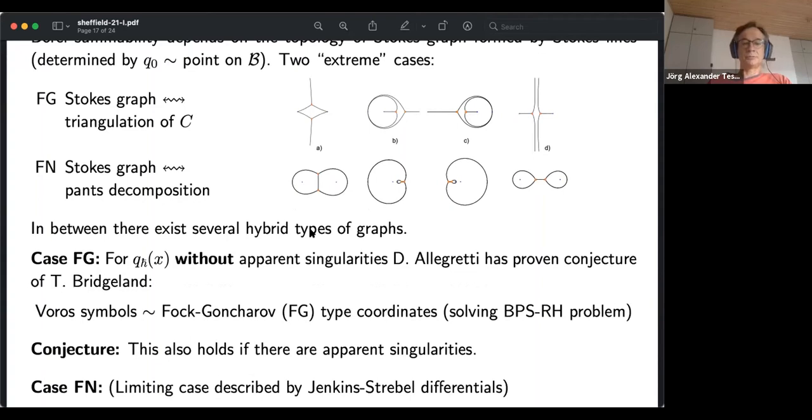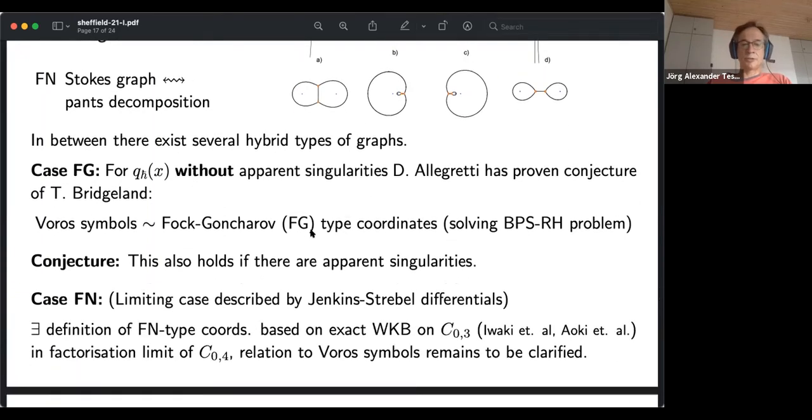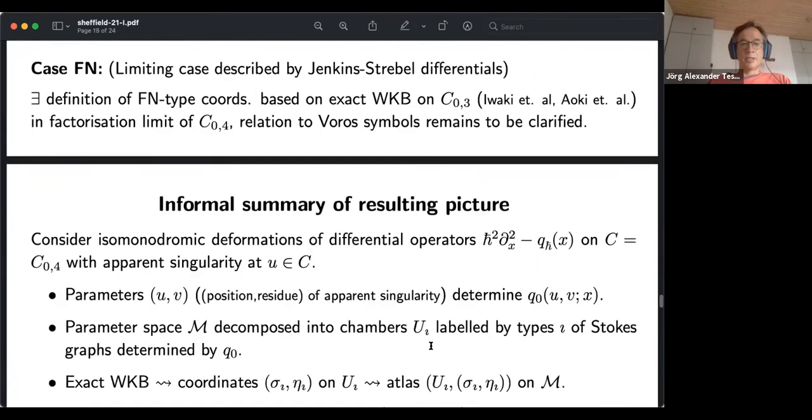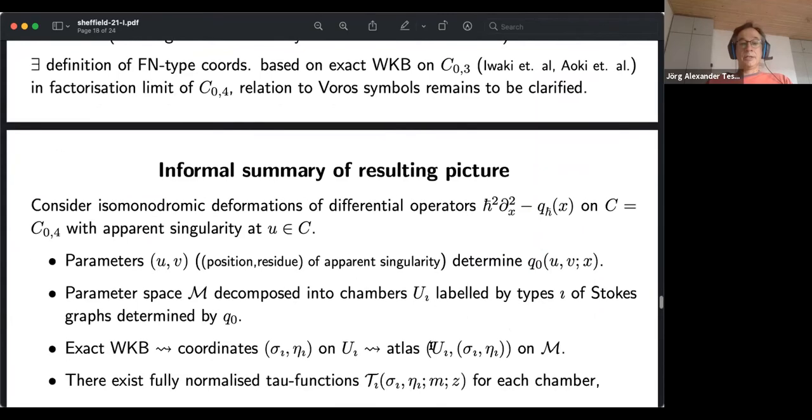That is, to me, not 100% clear, but we had a workaround in terms of the factorization of C04 into three-punctured spheres, which at least leads to a definition of Fenchel-Nielsen type coordinates based on exact WKB, though somewhat more indirectly.